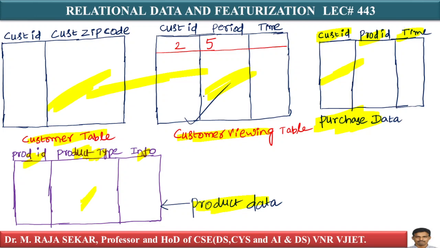A customer visiting a page of a given product multiple times in the last 24 hours, which you can find from this table, has a high chance of considering purchasing the product.